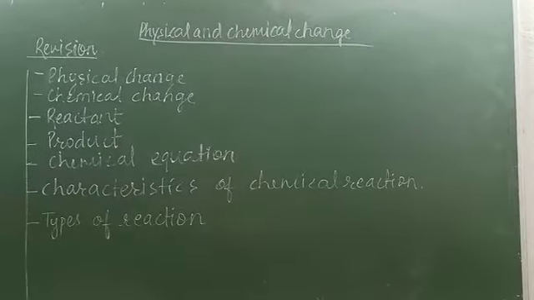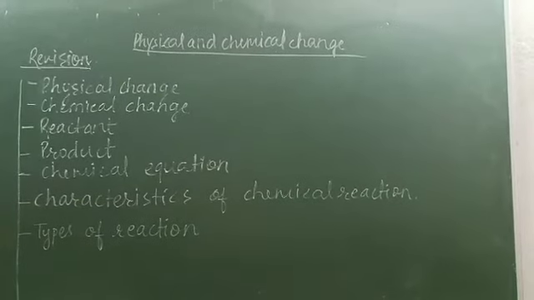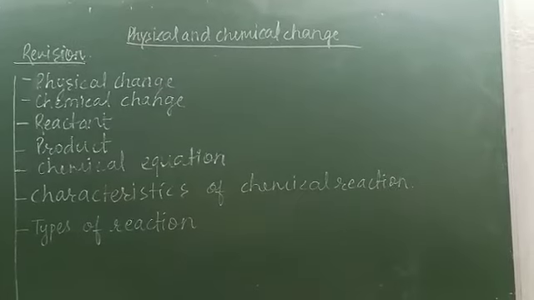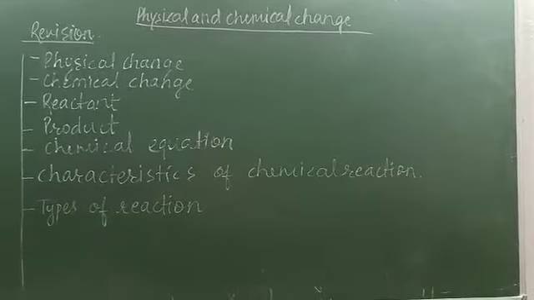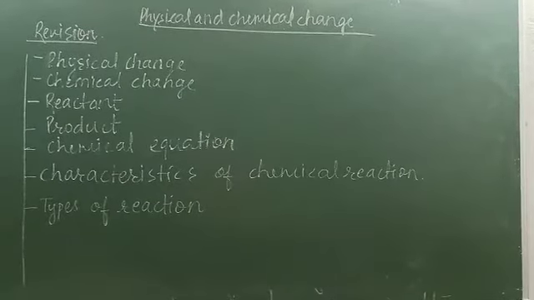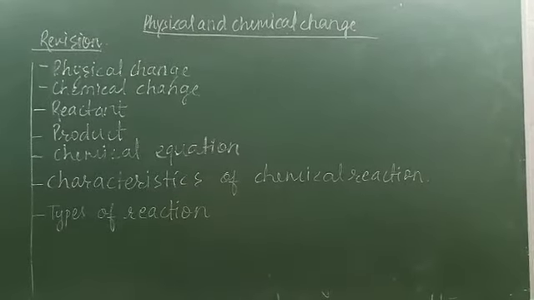First of all, physical change. What is physical change? Change that can be reversed into its original form is known as physical change, and change in which the physical state of the substance changes is known as physical change, like melting of ice, folding of paper, conversion of water into water vapor.